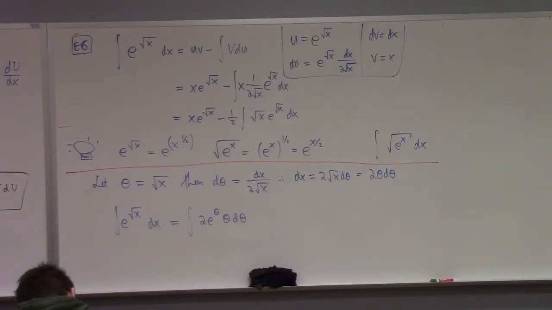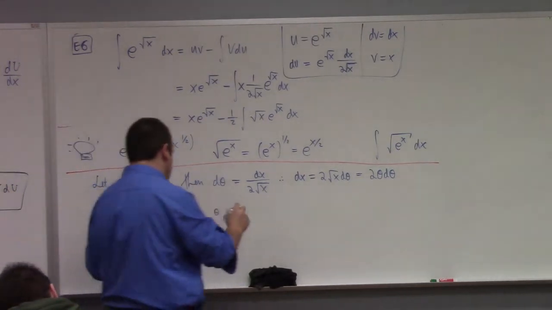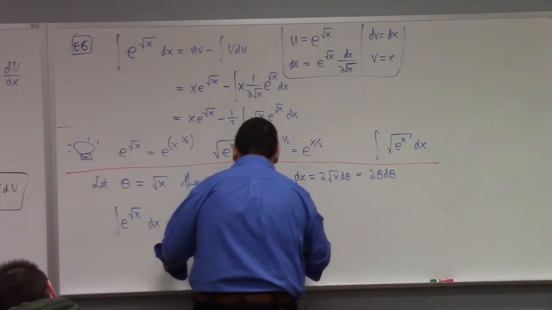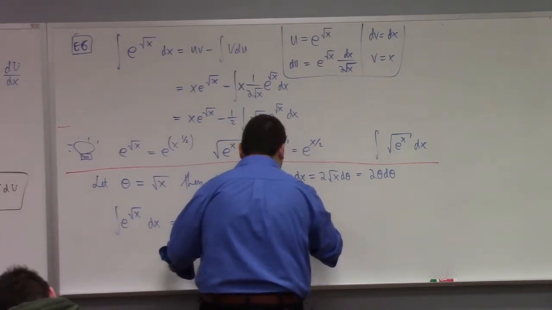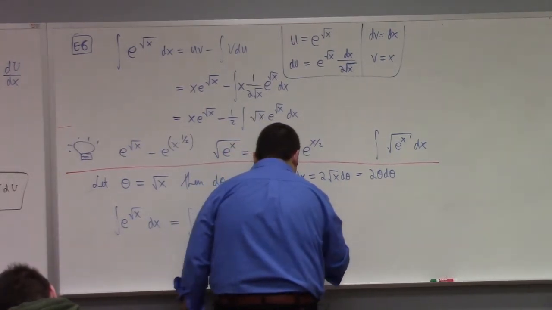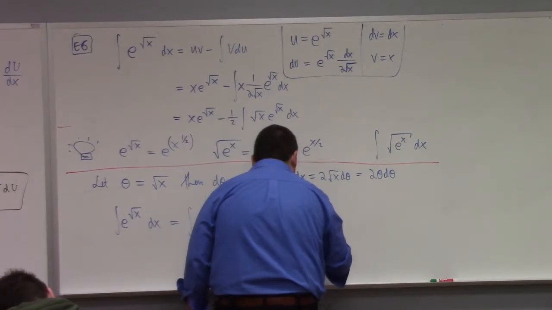Now, guess what? We've gone full circle. We're back to 2 times my first example. The first example was the integral of x e to the x. Now we're looking at the integral of theta e to the theta. So we can do integration by parts to solve that, right? So this is 2 times the integral of theta e to the theta d theta. What I do is I let my e to the theta d theta be dv.